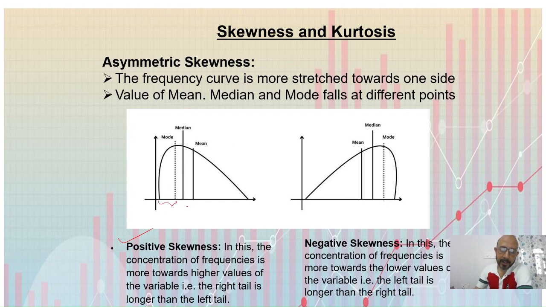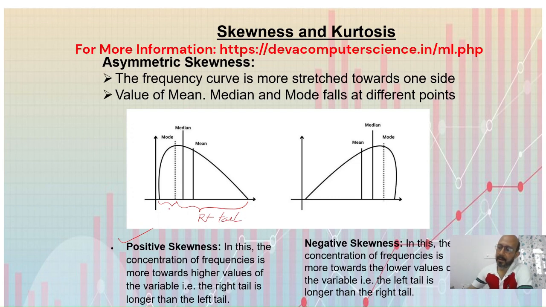That is your left tail, and this is your right tail. So the right tail is longer than the left tail.